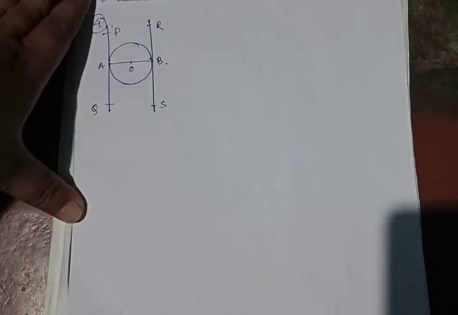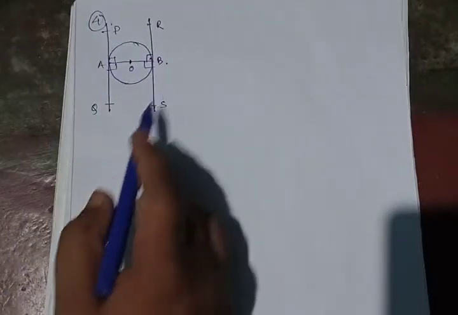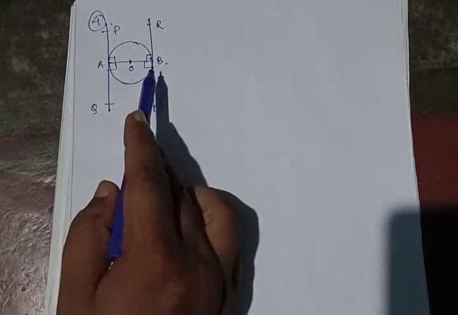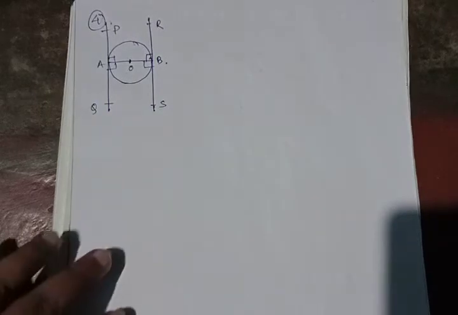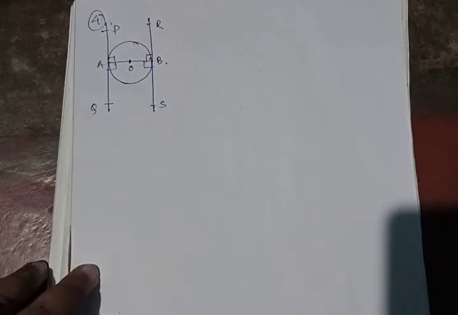Okay. Now since it is the diameter, obviously this angle will be 90 degree. Means the diameter cuts the tangents at 90 degree. Now this is the drawing. Now here comes the solution.